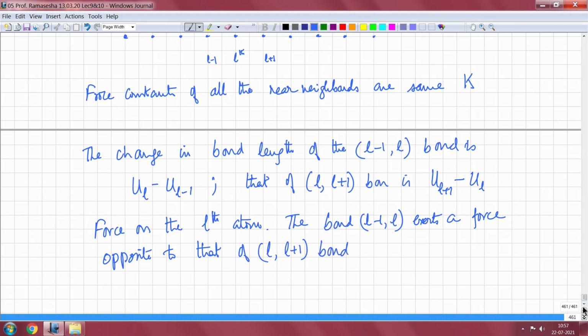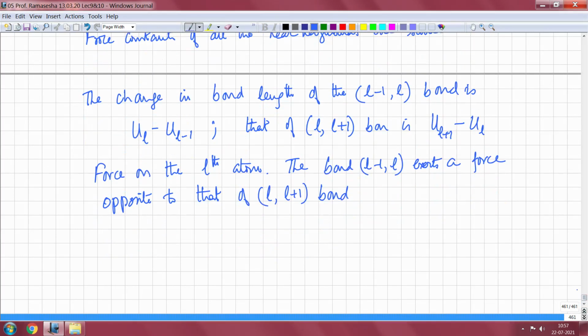So, the force constants are K. So, the force that is going to be there on the Lth atom is going to be minus K times UL minus UL minus 1 plus K times UL plus 1 minus UL.